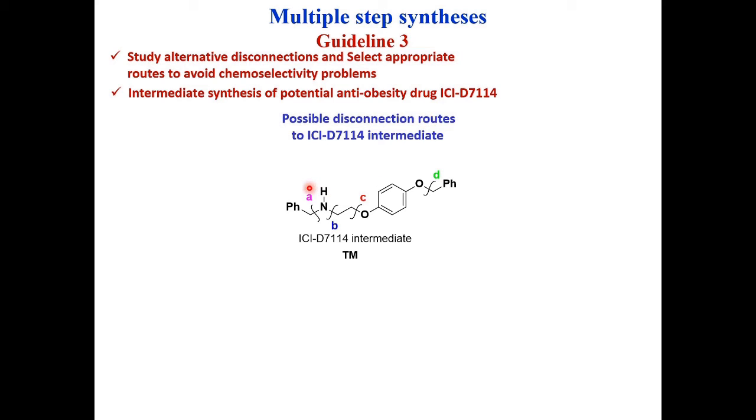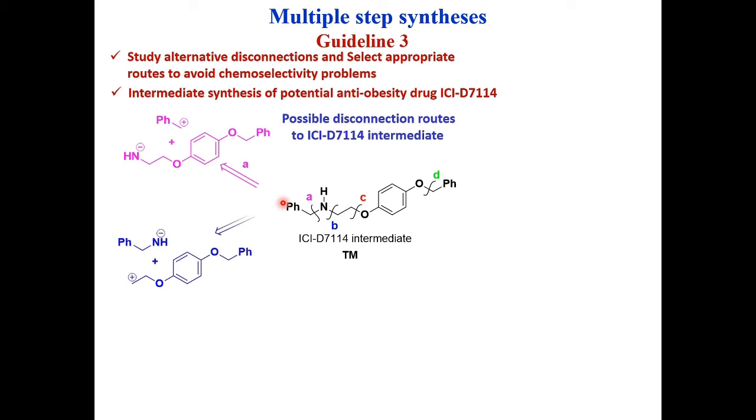I have already drawn A, B, C and D here. First we will see disconnection A. Disconnection A will give the fragments. These are the idealized fragments, so we call them synthons.